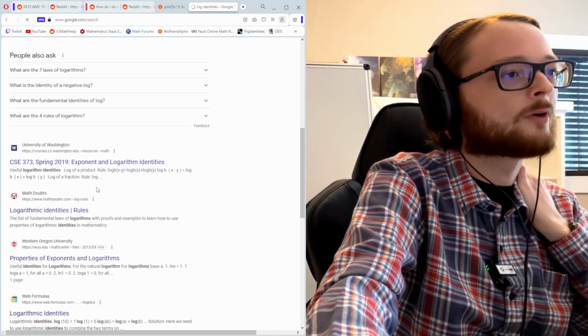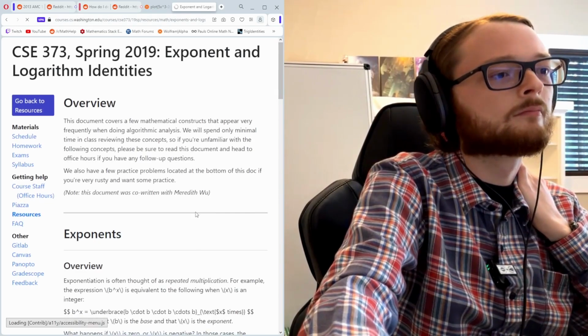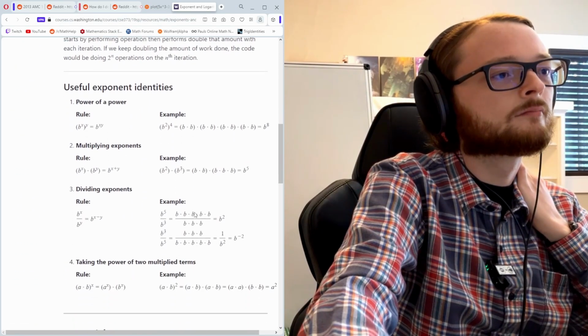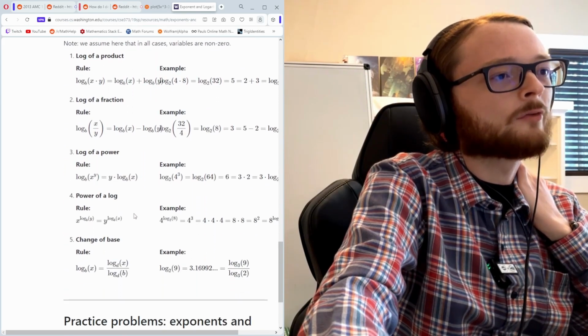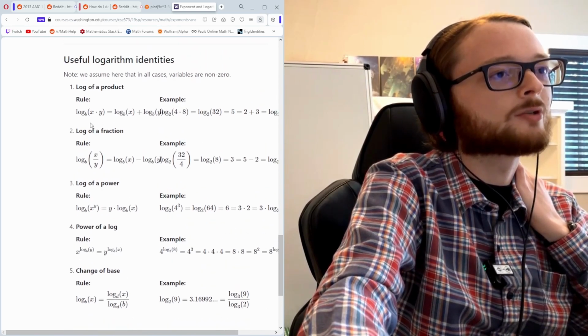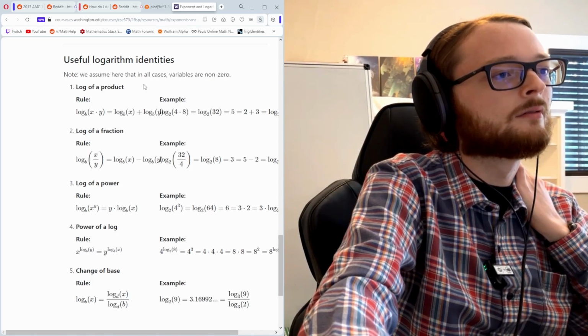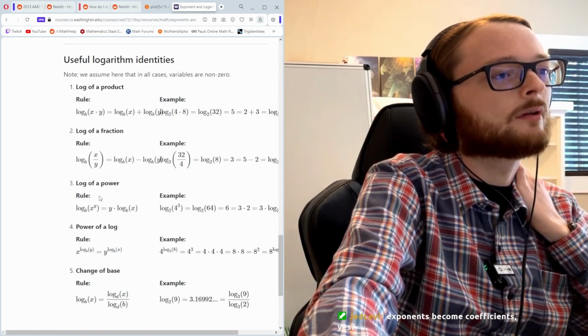Who University of Washington has for this? Oh, there isn't one for addition inside the log. It's for multiplication inside the log. Right, Jed.